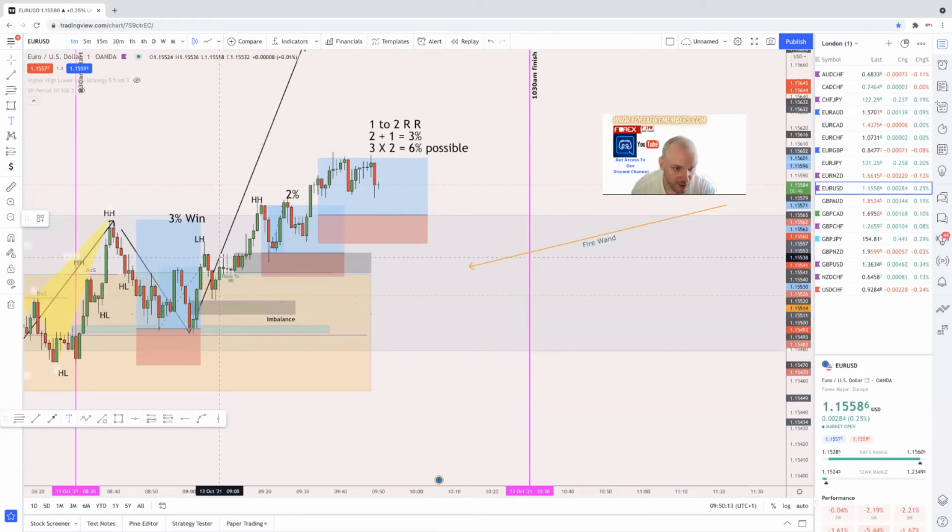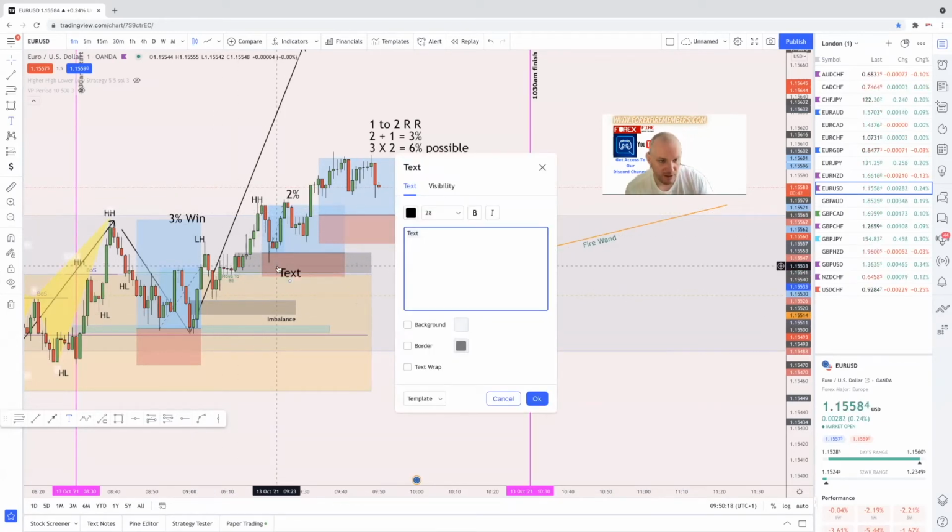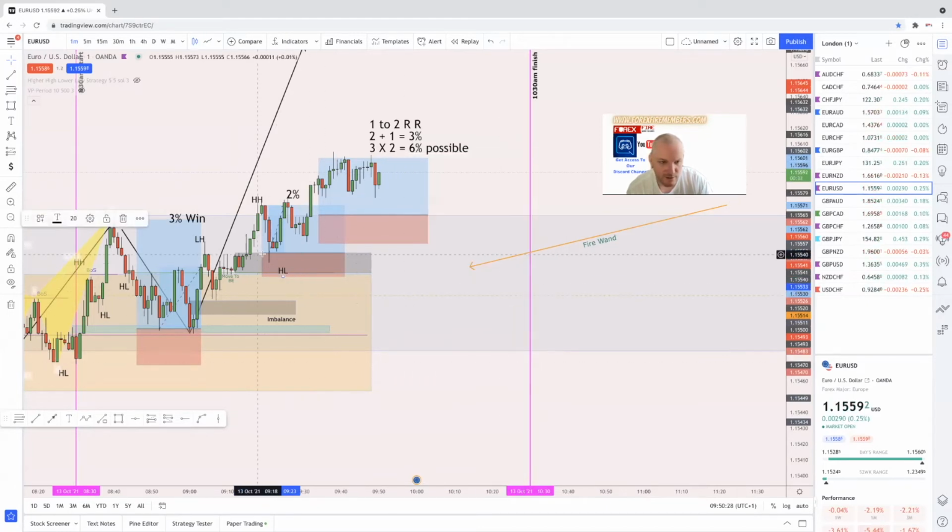Right, so again, guys, we want to mark everything up as we go along. Okay, so we've got here would be a high or low. Let's mark down at 20. Okay. High, high.